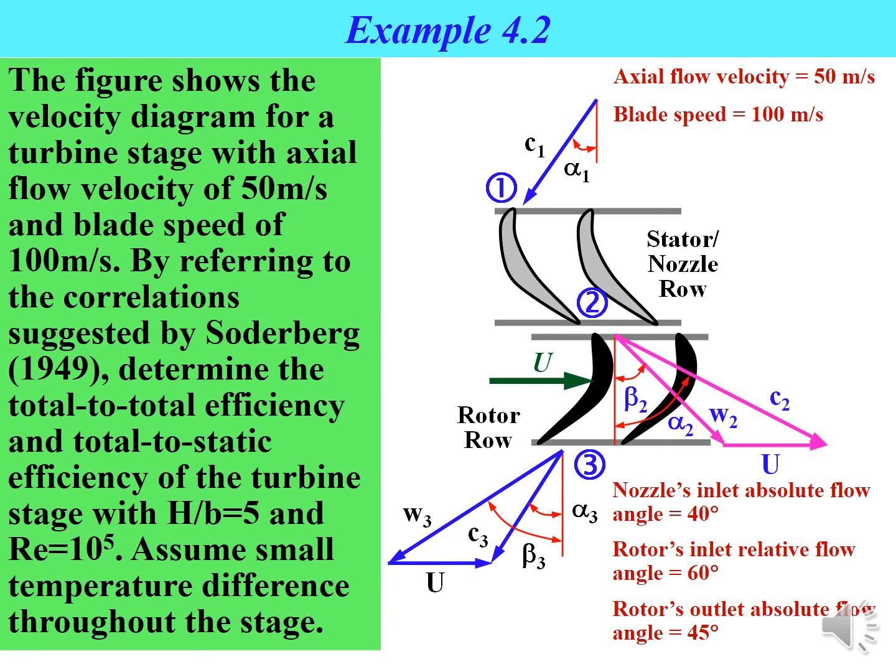Assume small temperature difference throughout the stage. By referring to the velocity diagram and the data given in the question, such as axial flow velocity, blade speed, nozzle inlet absolute flow angle, rotor inlet relative flow angle, and rotor outlet absolute flow angle, you need to determine total to total efficiency and also total to static efficiency.